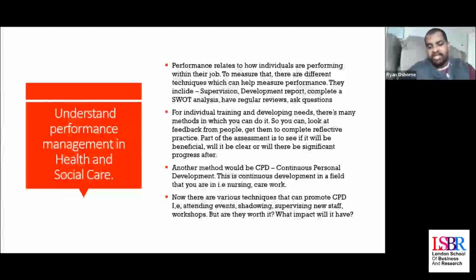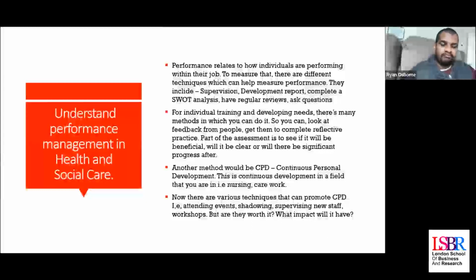Now, reflective practice is a very key thing, because when it comes to development and performance management, as we said, after a project, after a case, after your day at work, after you've signed off on a review, let's say, now would be a good opportunity for you to reflect on what you have done, and on your role today.